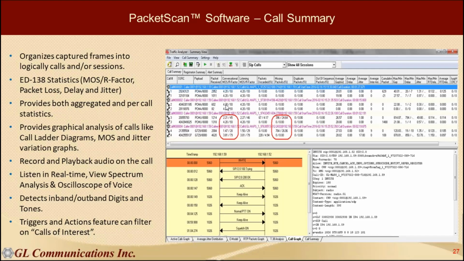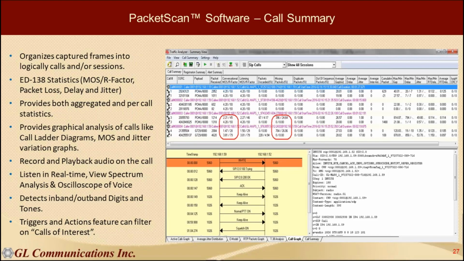We can detect digits and tones, and it also provides a graphical analysis of the calls, such as call graphs. And we also have graphs to show the MOS, jitter, and latency variation throughout the call duration.